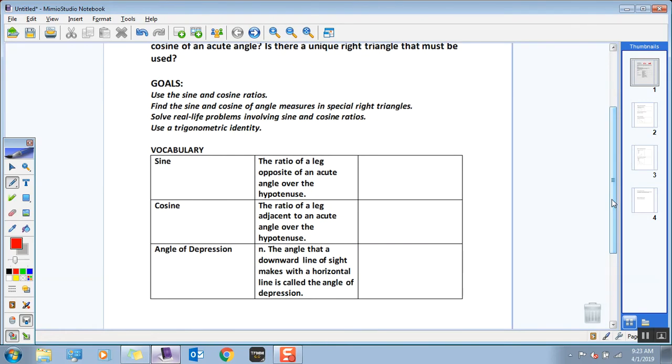In order to answer our question, first goal, use the sine and cosine ratios. I'll show you how to do that. We're also going to find the sine and cosine of angle measures in special right triangles. We're going to look at some real-life problems involving sine and cosine ratios. And then we're going to use what's known as a trigonometric identity. I don't know if I'm going to go into the identity as much as a drawing to help you understand what's going on.